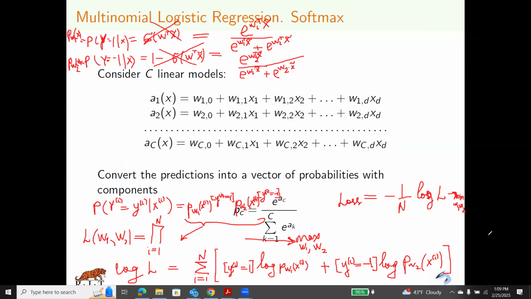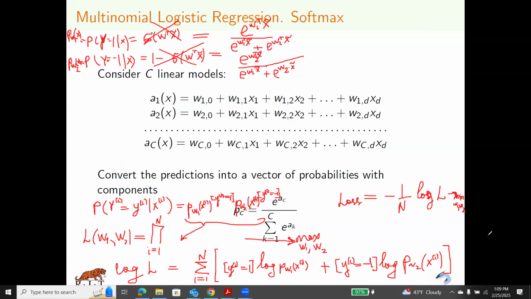So you just represent each probability as a function of these parameters, and then maximize this joint probability. And in this case, this function is called cross entropy loss.